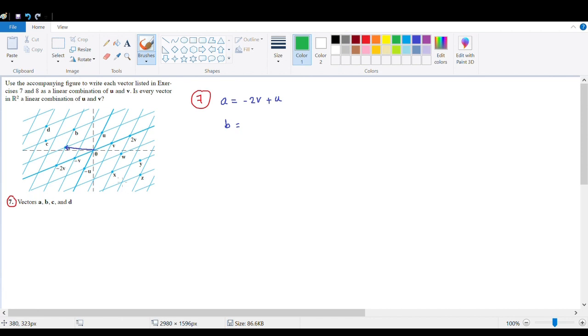We have B, this one, this vector B. So this is the intersection between, if we add minus 2v, because in the same parallelogram, and the vector, from here minus 2v, and for this one, if we add from minus 2v until this one we have u, then from this point to this one another u. So B is minus 2v plus 2u.